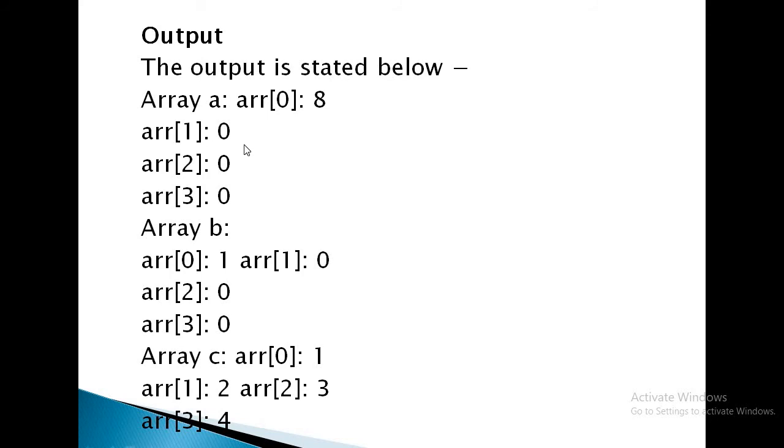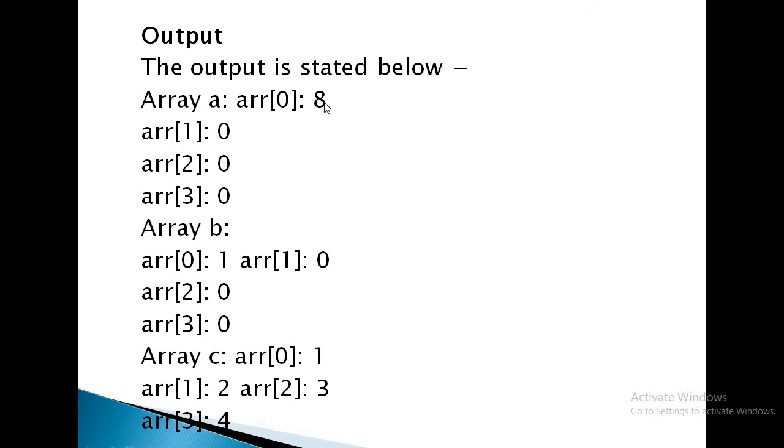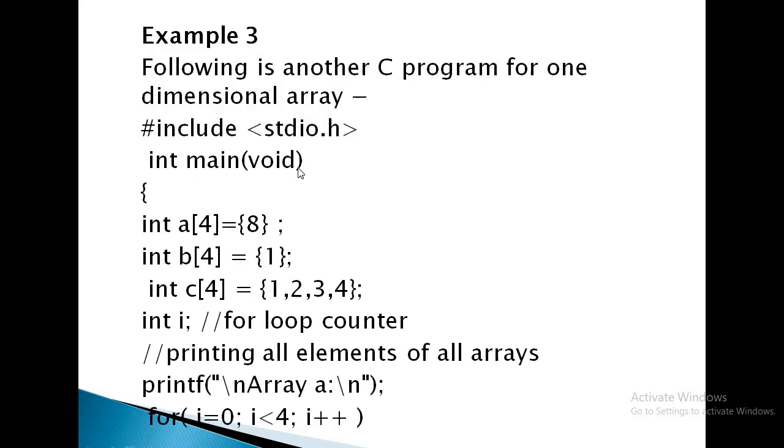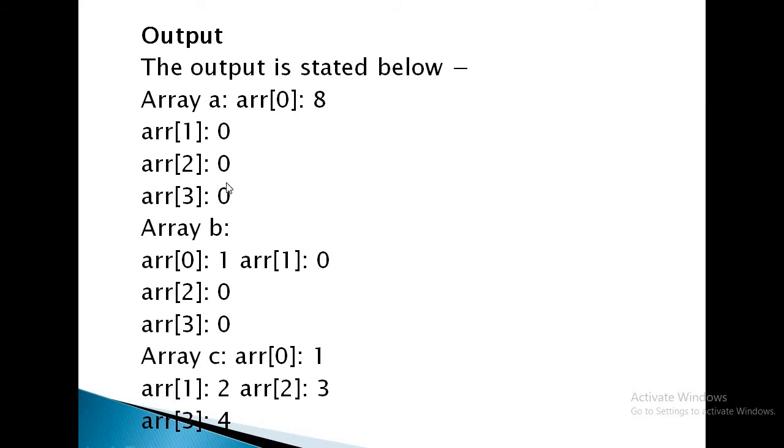The rest of the values are 0. By default it takes 0, because in the code we declared only 8 for the 0th position. We did not mention any subsequent data for the following indexes 1, 2, 3, so they are taken as 0 by default.